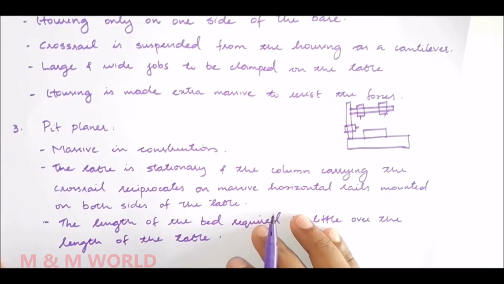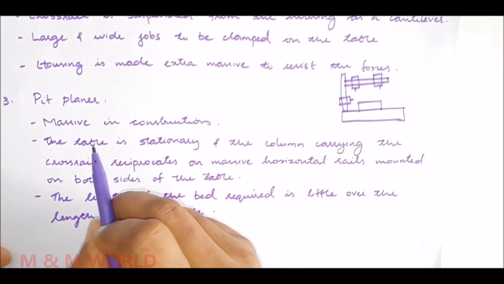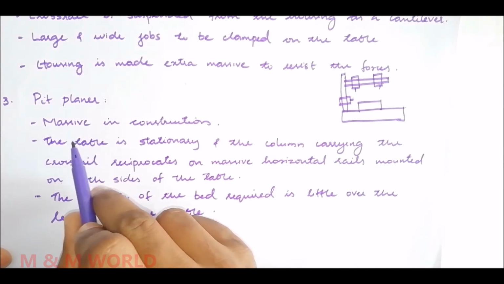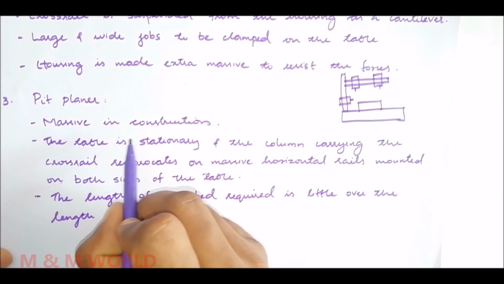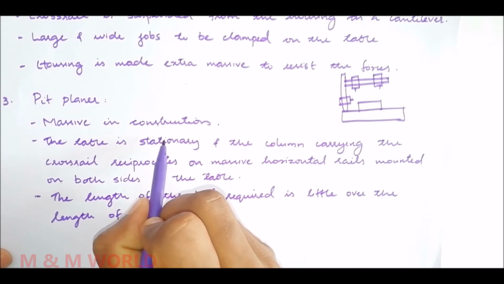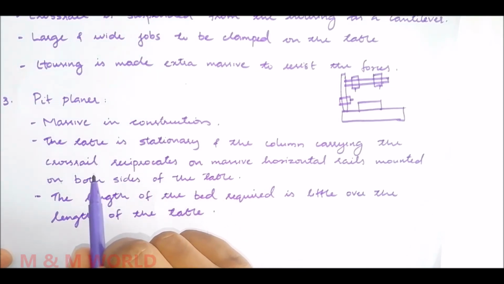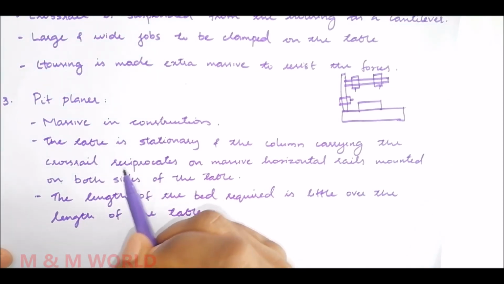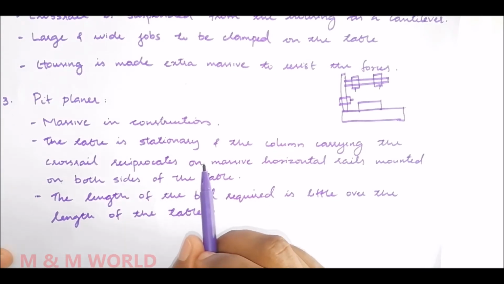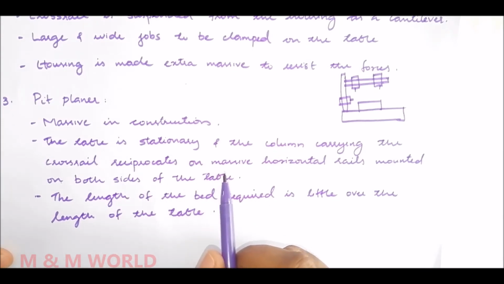Now next one is pit planer. This pit planer is massive in construction and it differs from an ordinary planer in that the table is stationary and the column carrying the cross rail reciprocates on massive horizontal rails mounted on both sides of the table.